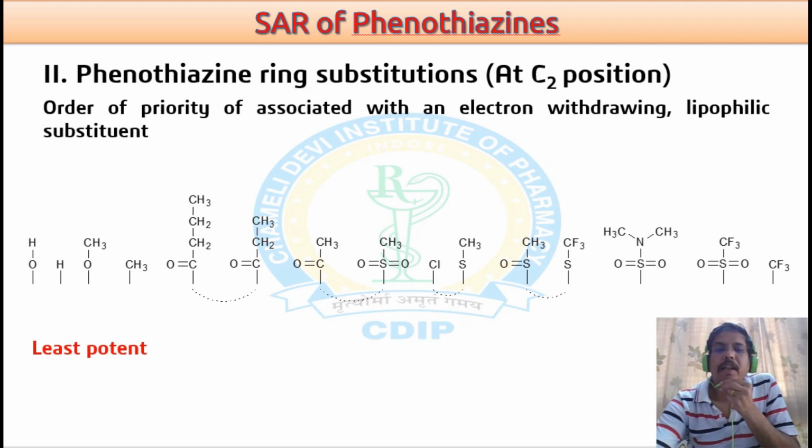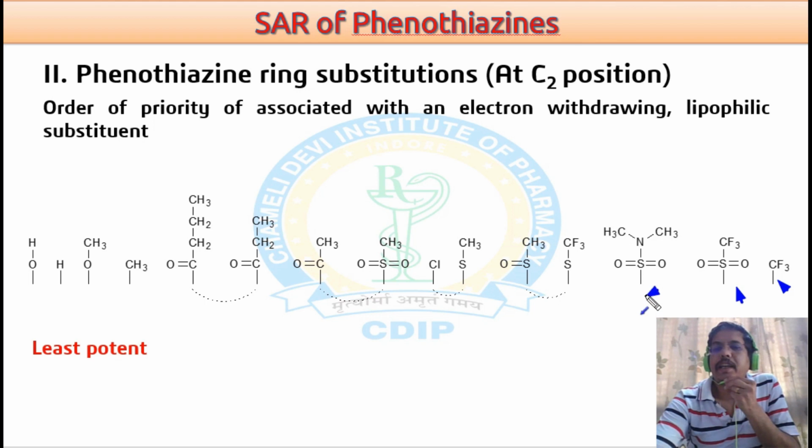If you look otherwise at the substitution nature, if it is electron withdrawing with lipophilic character, then it shows more potent nature of the compound. If we move to less electron withdrawing characters, then the activity is reduced, and ultimately here the activity is less.